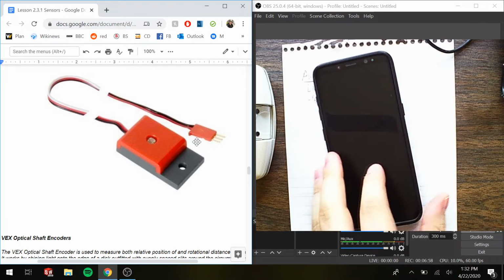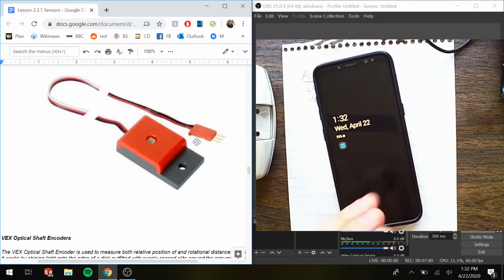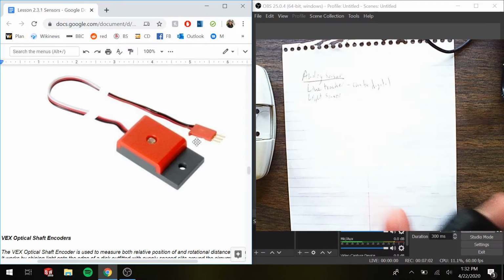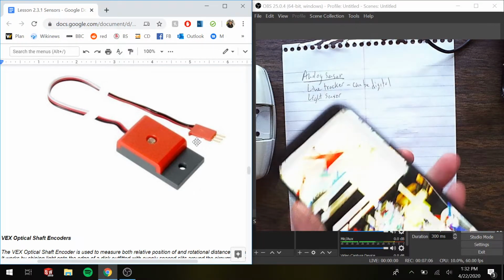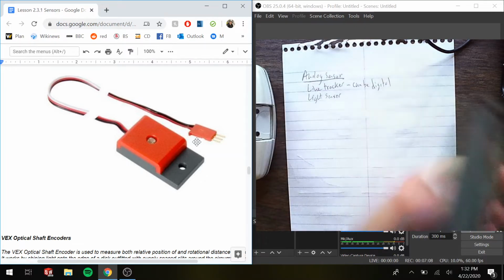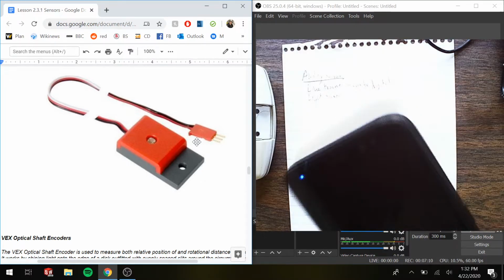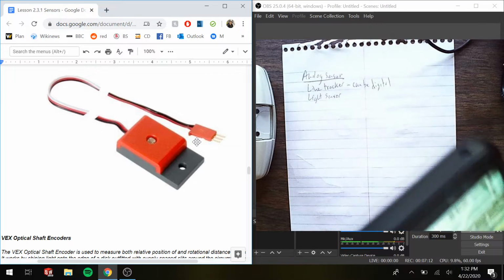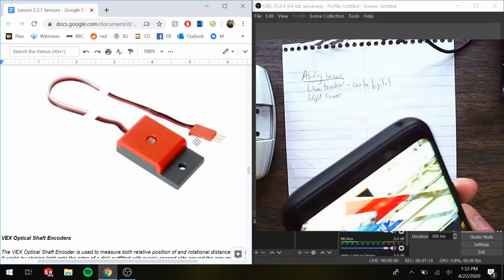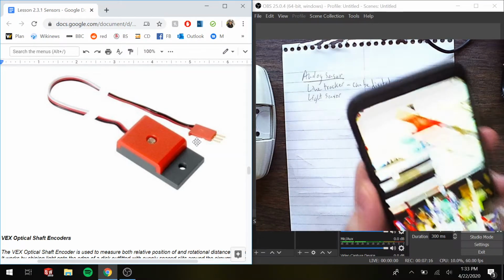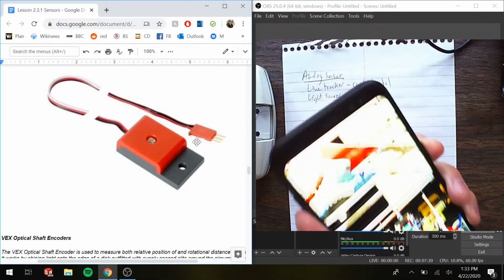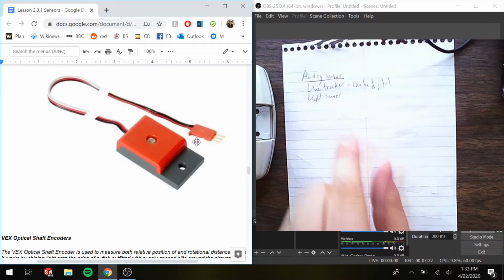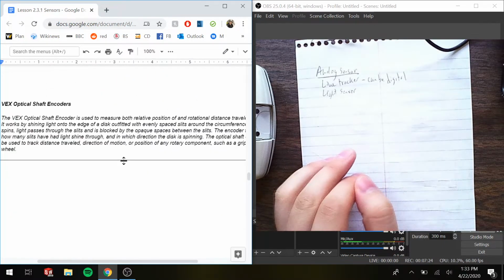So if I'm in a dark room, it doesn't become crazy bright, and if I'm in a light room or I'm outside, it gets very bright so that I can still see my screen. It uses a light sensor to detect how much light there is in the environment I'm sitting in, and it sets the screen brightness accordingly. So that's another example, a light sensor.